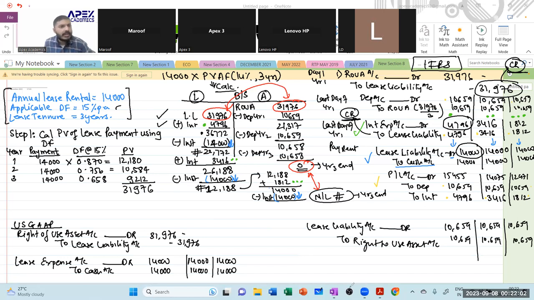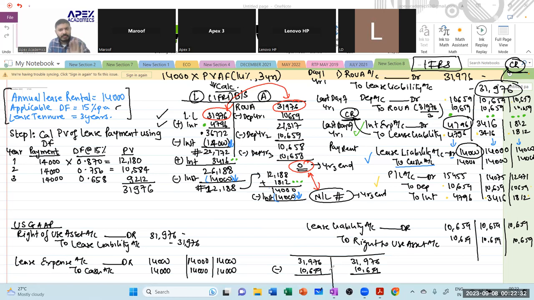The Americans do not charge depreciation and interest. What do the Americans do? The Americans merely capitalize 31,976. Unlike the Europeans, who are the IFRS guys, the Americans just write off the basic value, keeping their life very simple.